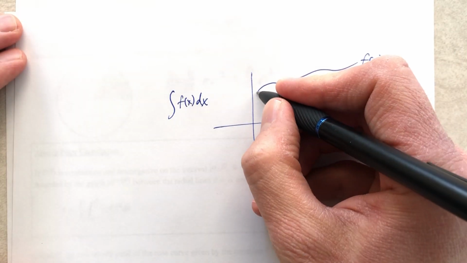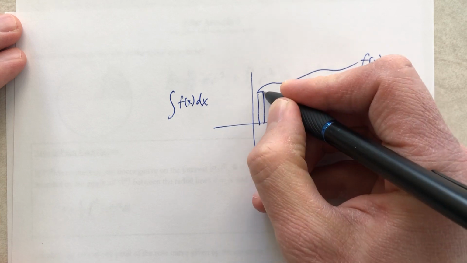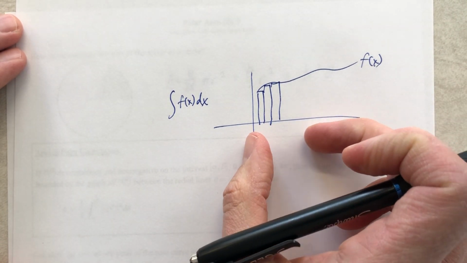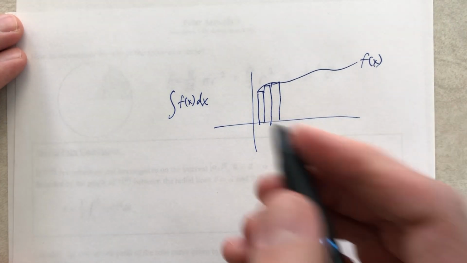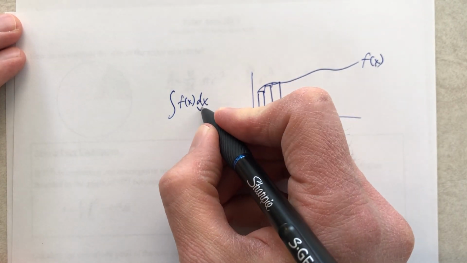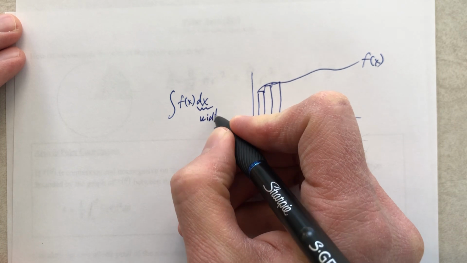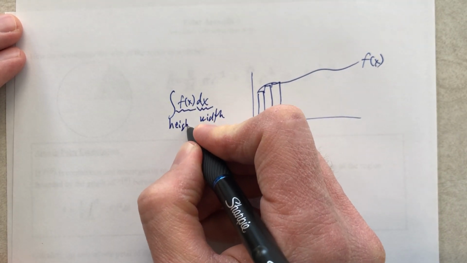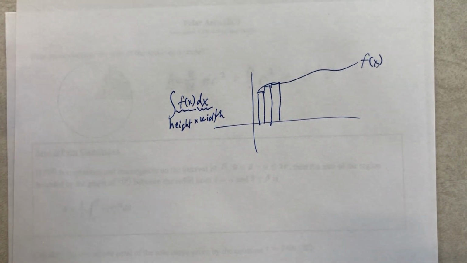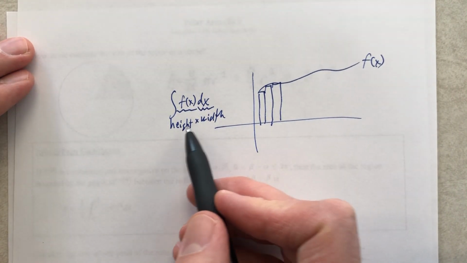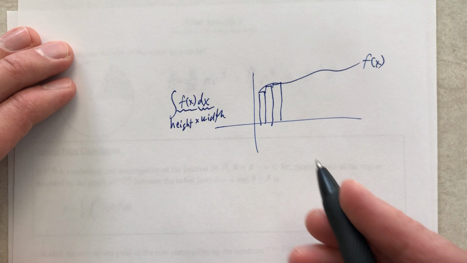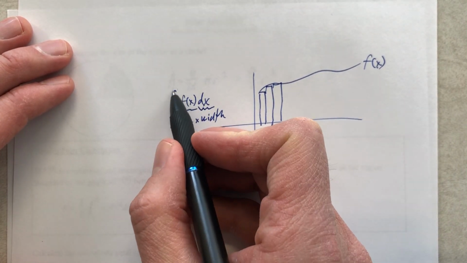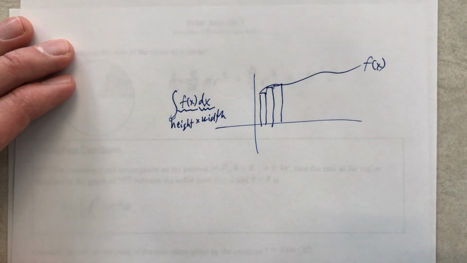Like this would be a rectangle, and then another rectangle, and then another rectangle, and technically you have an infinite number of infinitely skinny rectangles, and so this is the width of the rectangle, and this is the height. And the formula for the area of a rectangle is width times height, base times height, however you want to call it. And so this is a rectangle. It's just the sum of a lot of rectangles.